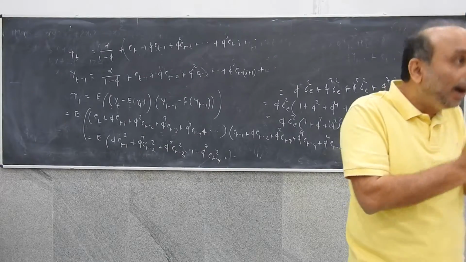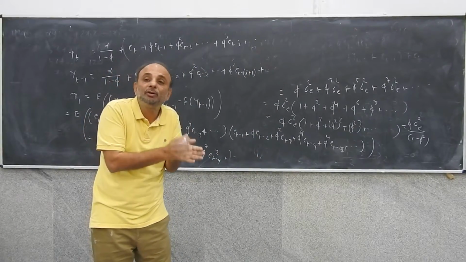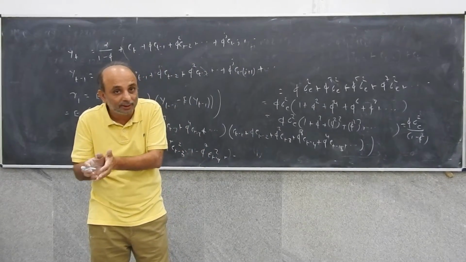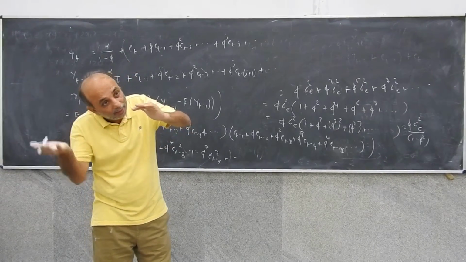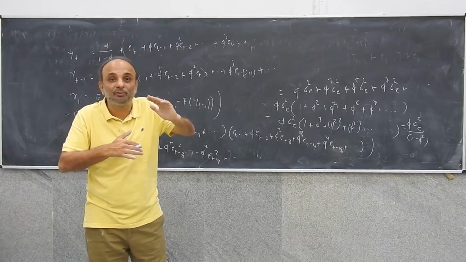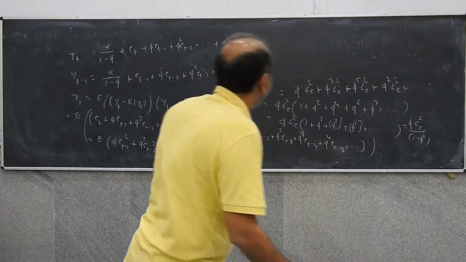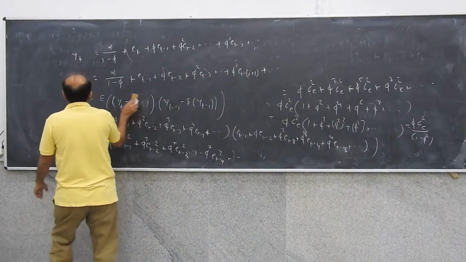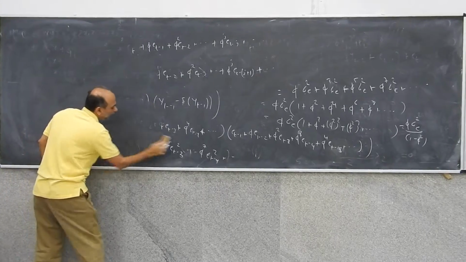But because yt is a stationary process, the standard deviation of yt and of yt minus 1 are the same. So you divide by the standard deviation of yt into the standard deviation of yt, which is the variance of yt. So the correlation you get is now an important idea which I will call rho 1.